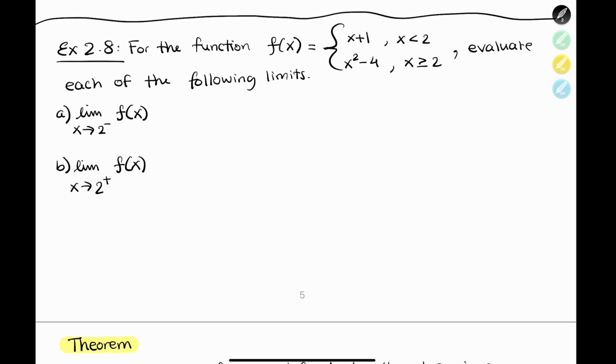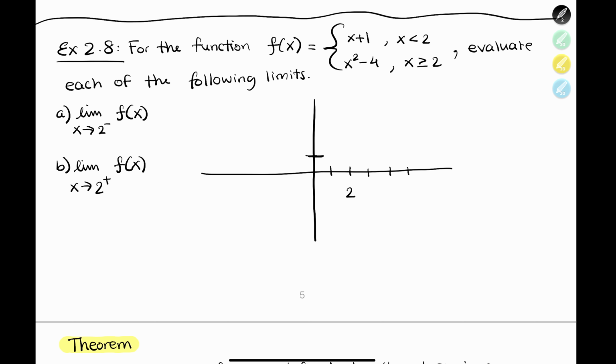First let's draw a graph of f of x. So this is our graph, and we'll say that this is 2, and this is 1, and first we have the graph x plus 1 while x is less than 2.